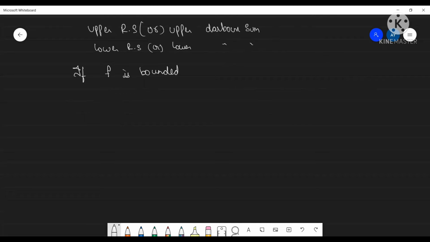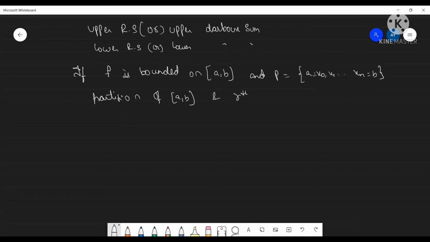So if f is bounded on the closed interval A comma B, and P is the partition, P equals A equals x0, x1, and so on up to xn equals B. Let P be a partition of the closed interval A comma B. And let IR be the rth subinterval.